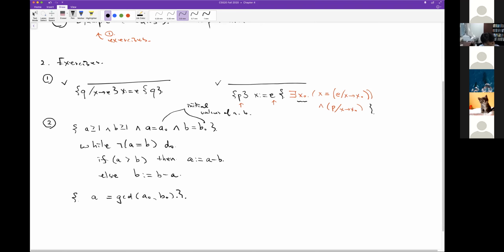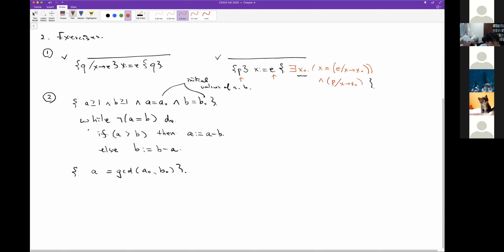Proving this in Hoare logic, because it has a while loop, we should use the proof rule for the while, which looks like this. We have to find the invariant, and if we have while B do C, then what we have to do is prove that the invariant is preserved by the loop under the loop condition.